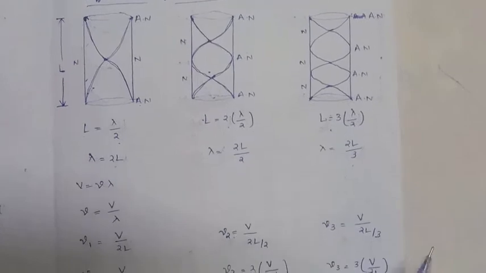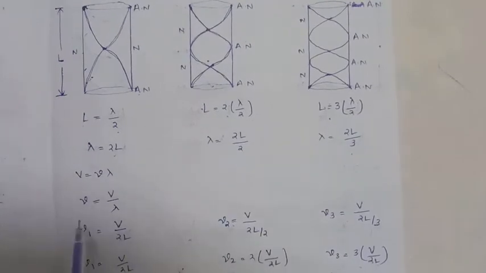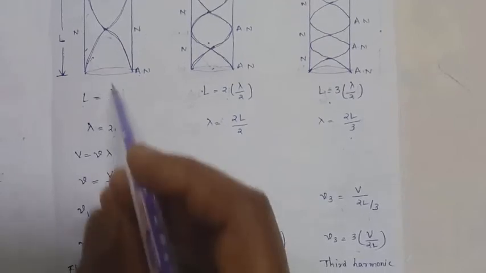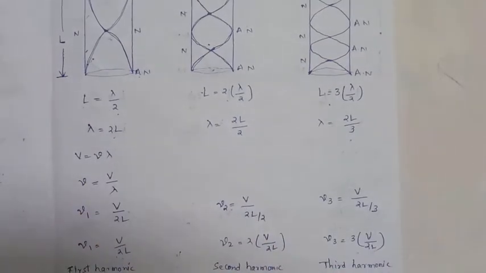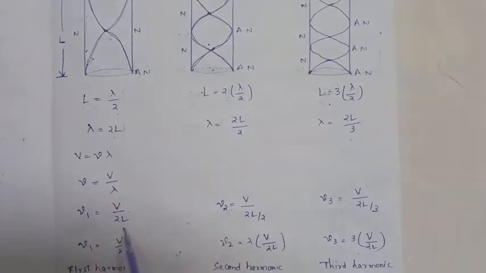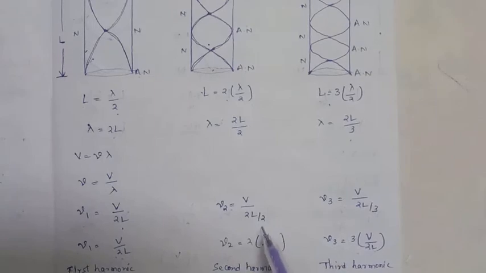What is the formula for velocity? v is equal to nu lambda, so nu is equal to v by lambda. In case of the first mode, nu1 is equal to v by lambda. What is the value of lambda we are getting here? 2L. Here you have to substitute 2L. In the second case, lambda is 2L by 2, and this 2 goes up, so it becomes nu2 is equal to 2 into v by 2L.